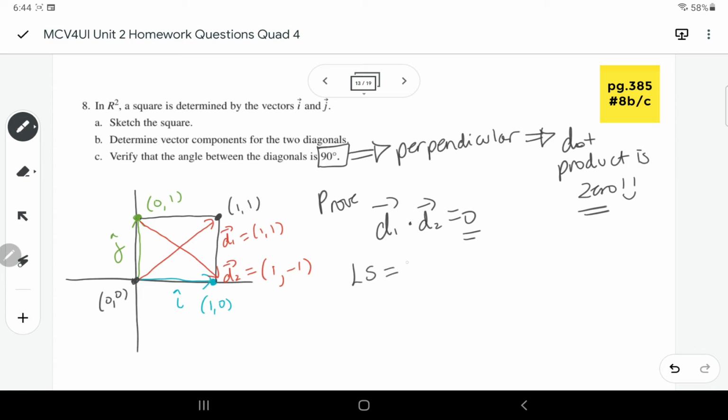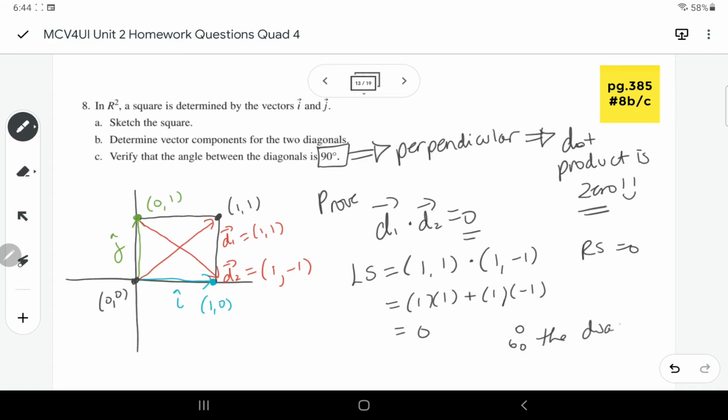So I'm going to do the diagonal <1, 1> dot <1, -1>. So that's 1 times 1 plus 1 times negative 1, which is 0. So therefore, the diagonals are perpendicular.